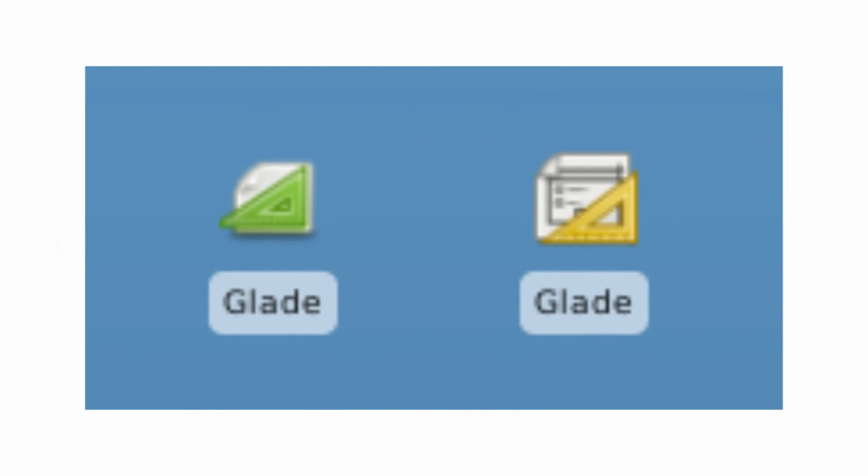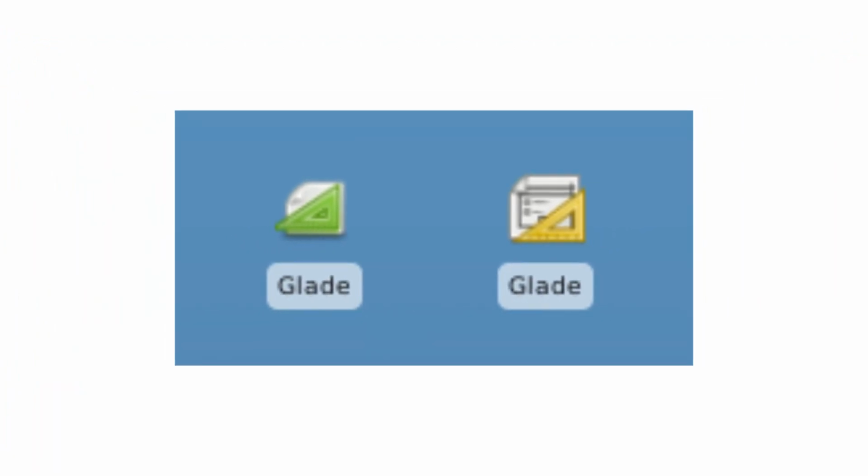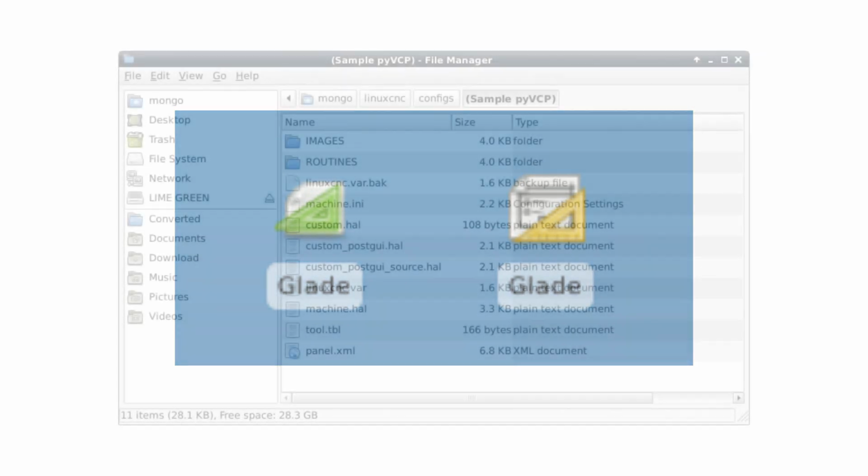So just be aware that when you download Glade, you'll probably get the one with the yellow icon box, which is great. And then if you want to do any Python programming, totally separate subject of course, then you want to use the green one because it's a little more advanced and has some other features.